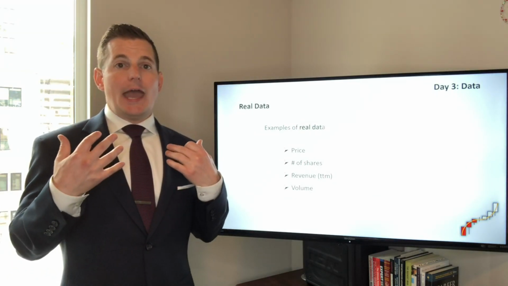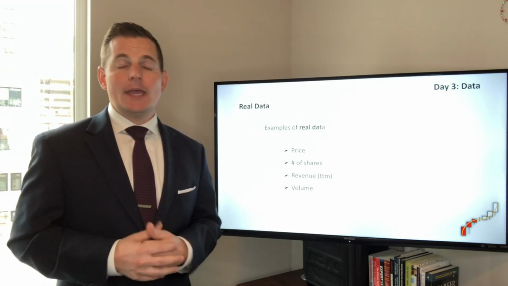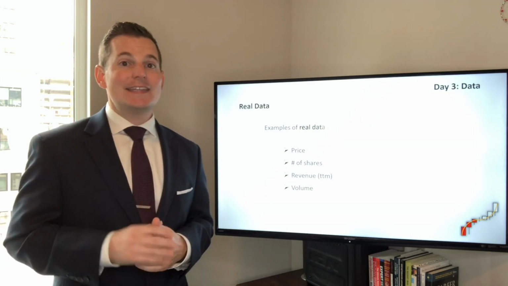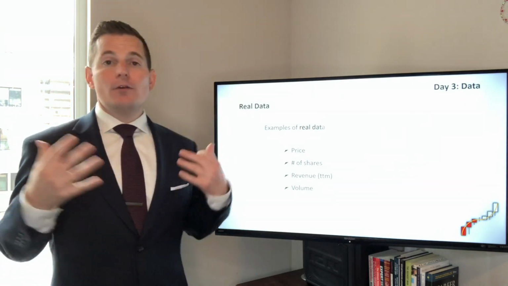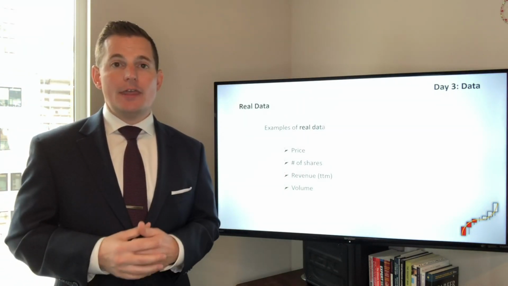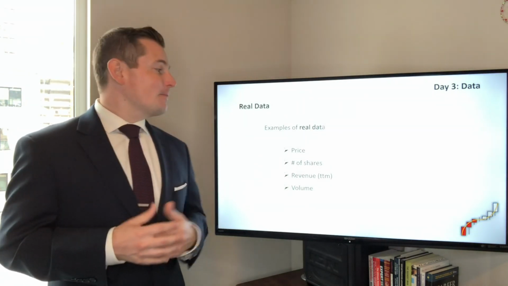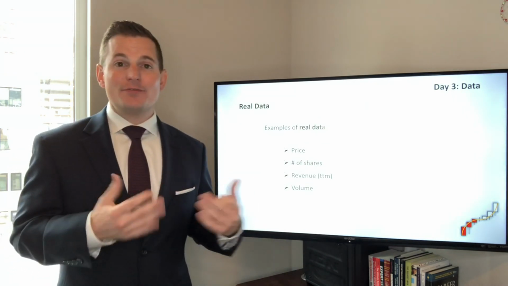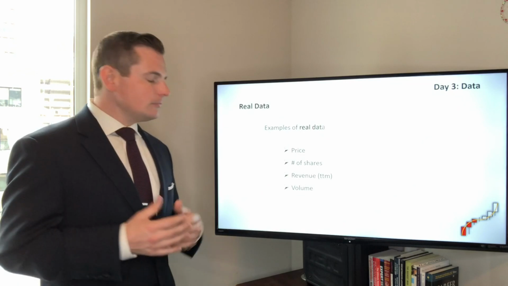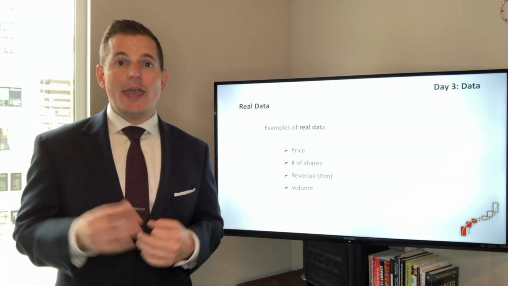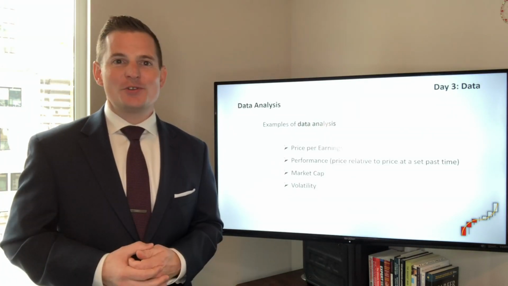There are outstanding shares to a company, and that's a fixed number set by the company. So that's important to realize as well. Revenue is a number that's not derived from any other numbers, so it is a pure number. And volume is also a pure number. Those are all the real numbers.